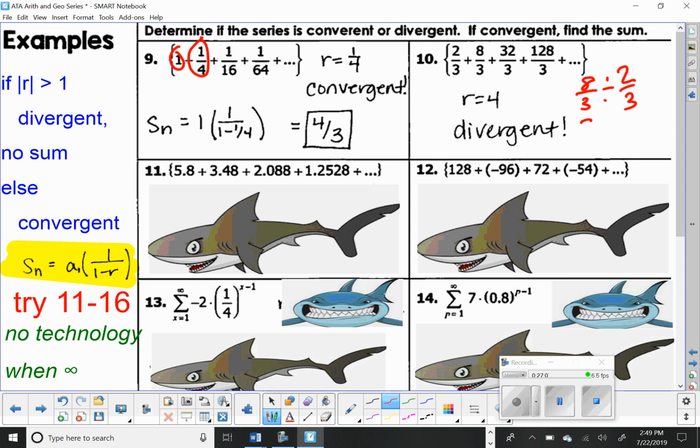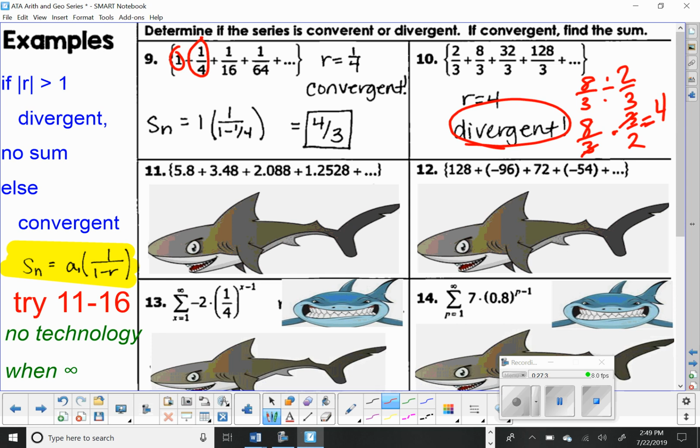Well, that's the same thing as 8/3 times 3/2. The 3's cancel, and I get 4 as my r. Since r is 4, that's greater than 1, so it's divergent, and there's no sum. If I keep summing forever, it's just going to get infinitely large.